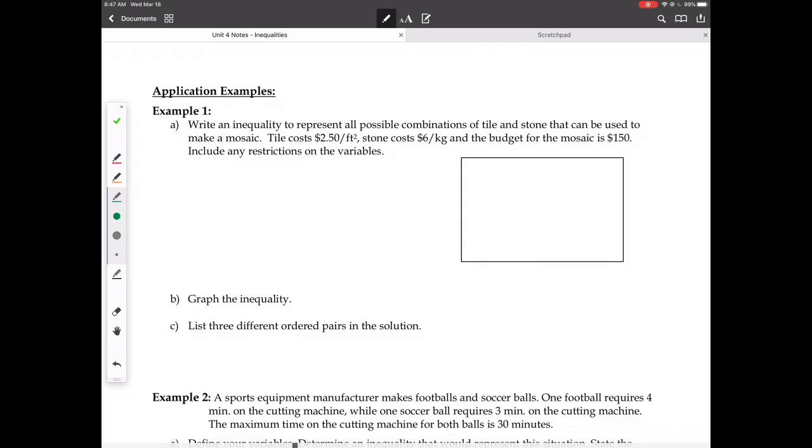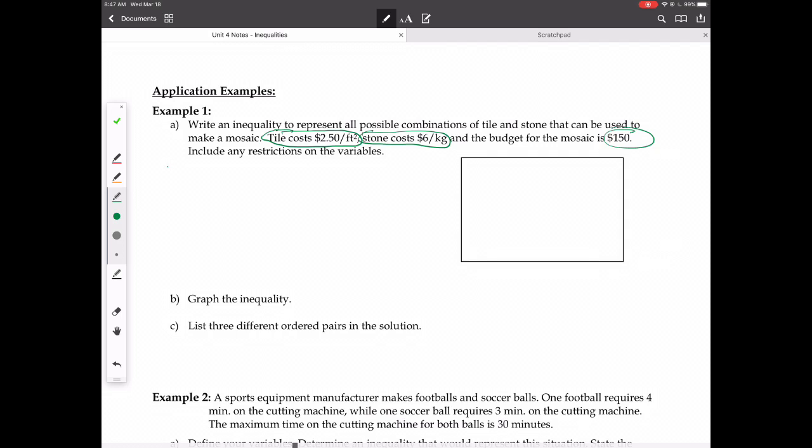Well, first, I'm going to take the information that I have here. Tile costs this much, stone costs this much, and this is the total amount of money that I have. So I need to set up some variables. Let's just use X and Y. They're the standards that we like to use.